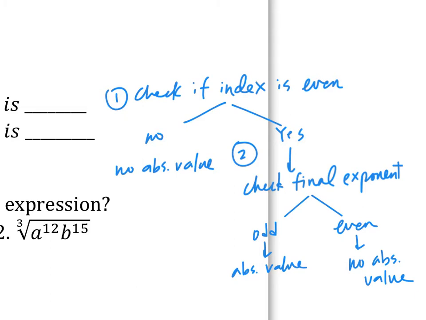You need to guarantee that it's positive. If it's even, that exponent already guarantees it is positive, so you don't have to put absolute value. It's crazy. All right, let's practice. So let's look at number 4 that I skipped.